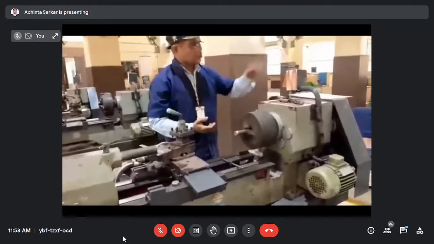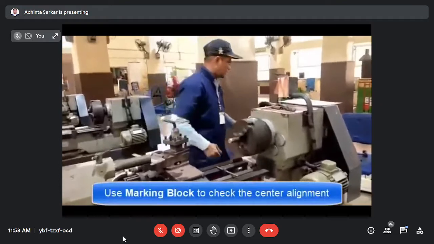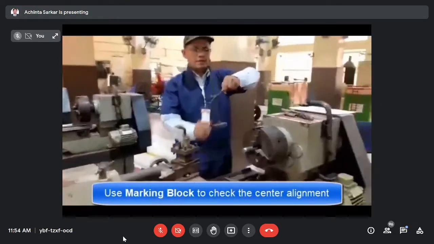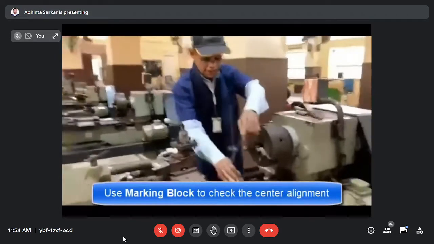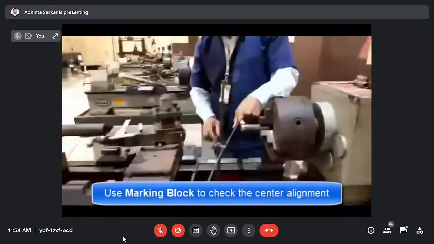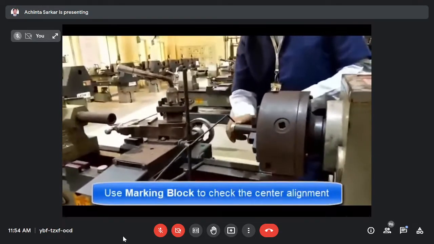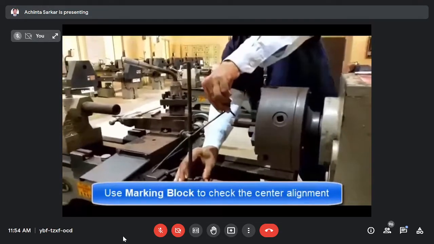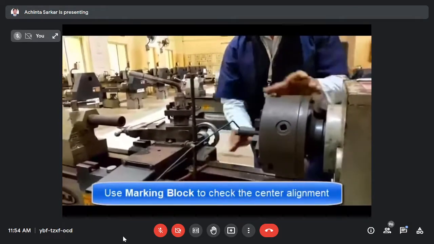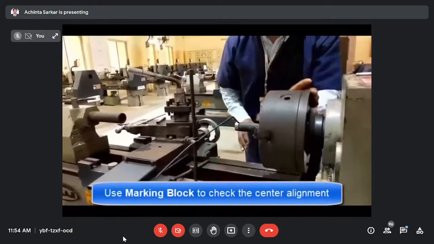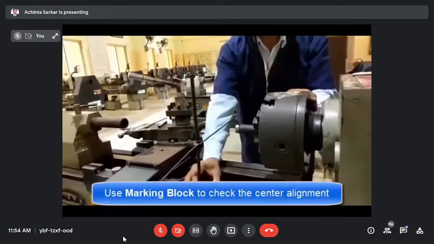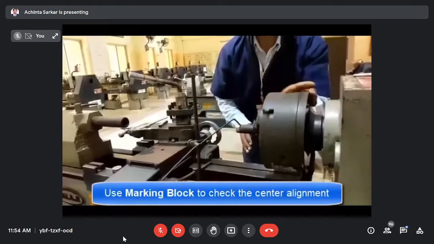For this, you have to take the help of another tool, the marking block. In the marking block, you keep this point at the outer diameter of the workpiece, just a gap from the top surface of the workpiece, and rotate the chuck by hand. Check which side is touching the marking point and which side has the maximum gap.